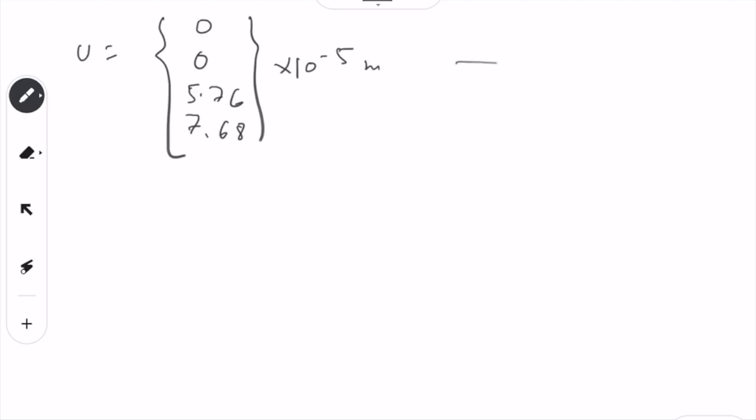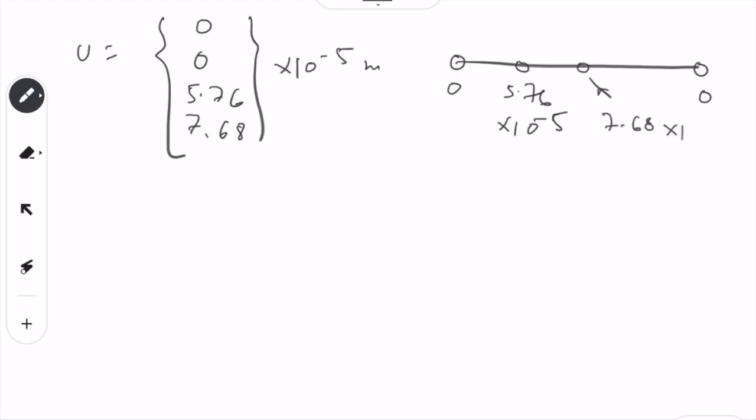That tells you 0 here, 0 here, and in the middle you have 5.76 times 10 to the power minus 5, and here you have 7.68 times 10 to the power minus 5.